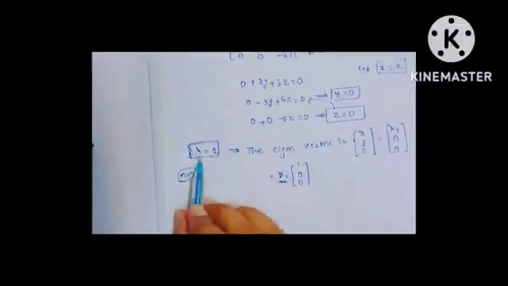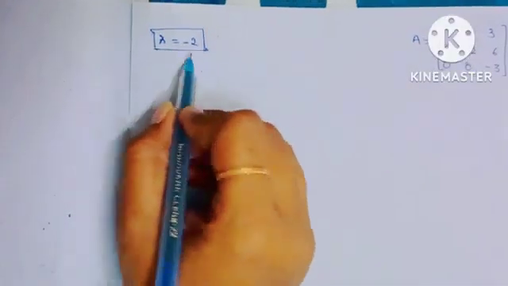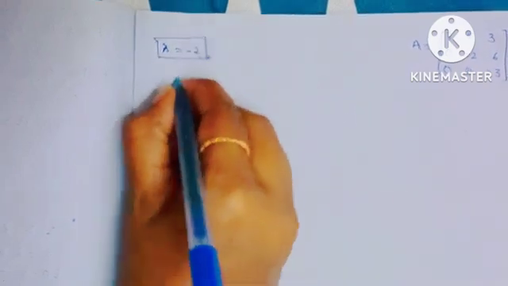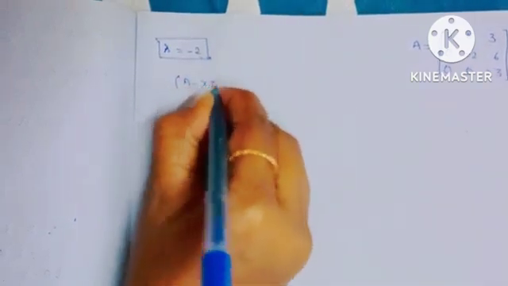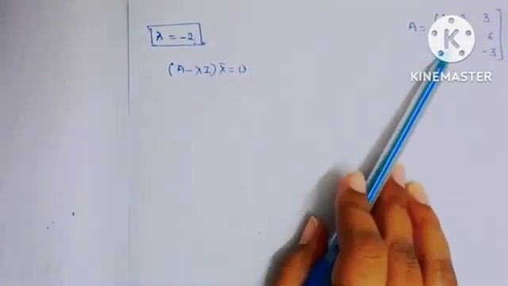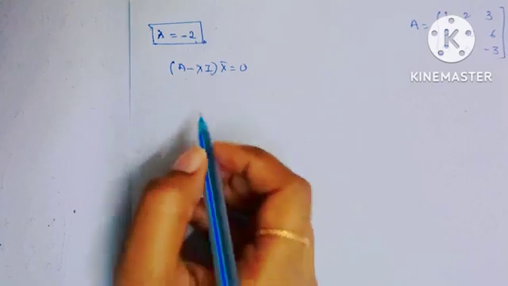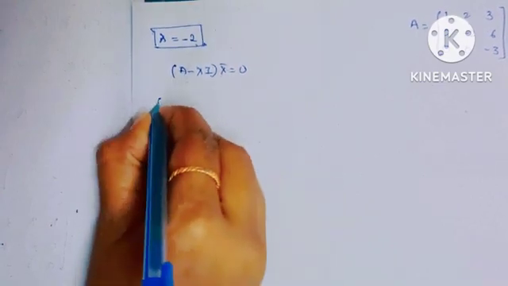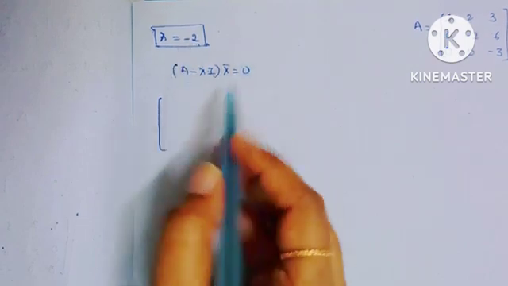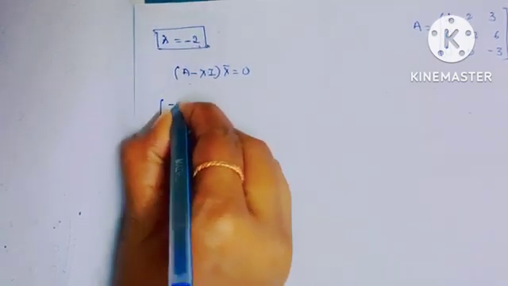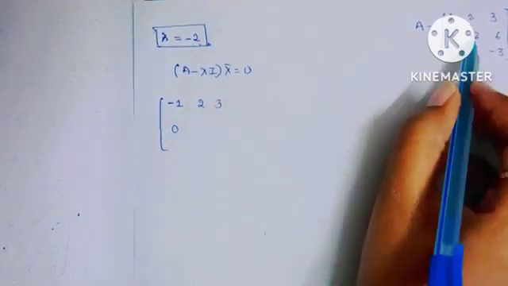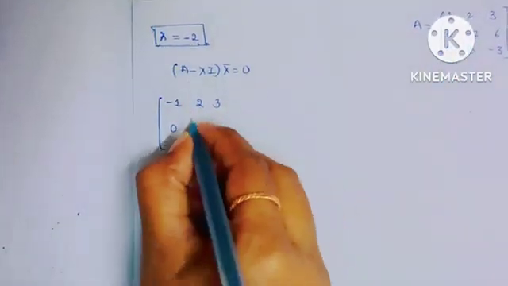So for lambda equal to 1 we found the eigenvector; now we find the eigenvectors for lambda equal to -2. The same formula applies: A minus lambda I into x bar equals 0.